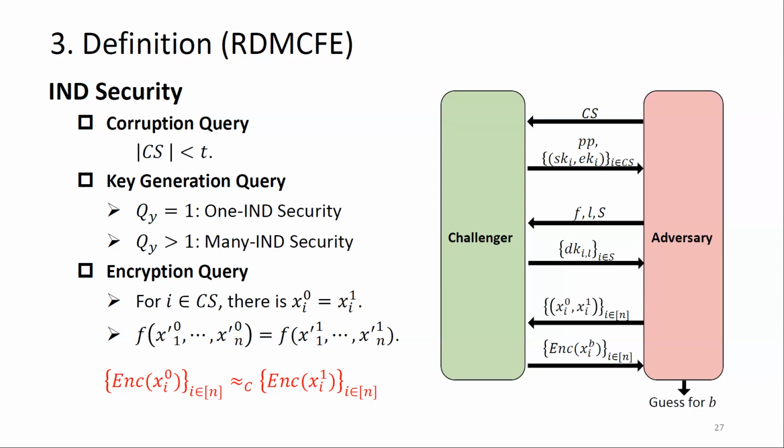When only one key generation query is sent, it corresponds to one-ID security. Otherwise, it corresponds to many-ID security. Finally, the adversary sends a challenge to each client. Note that for all corrupted clients, x_i^0 must be equal to x_i^1, and these two function values must be equal. Otherwise, the adversary can trivially win the security game.